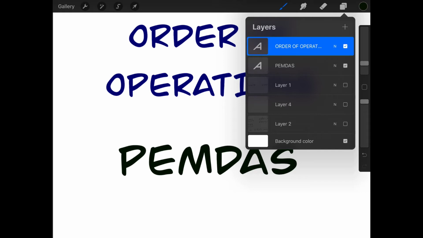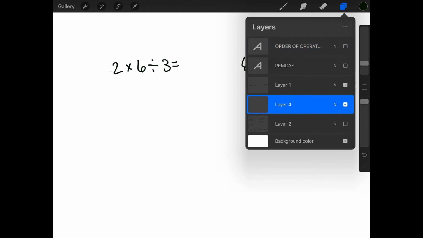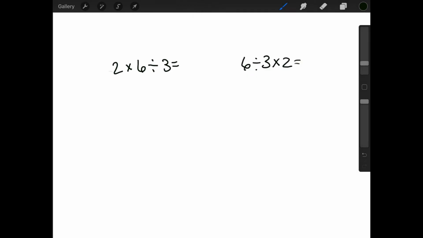So I am going to start with some very simple equations here. We're going to start with the one on the left. We'll go ahead and multiply first.